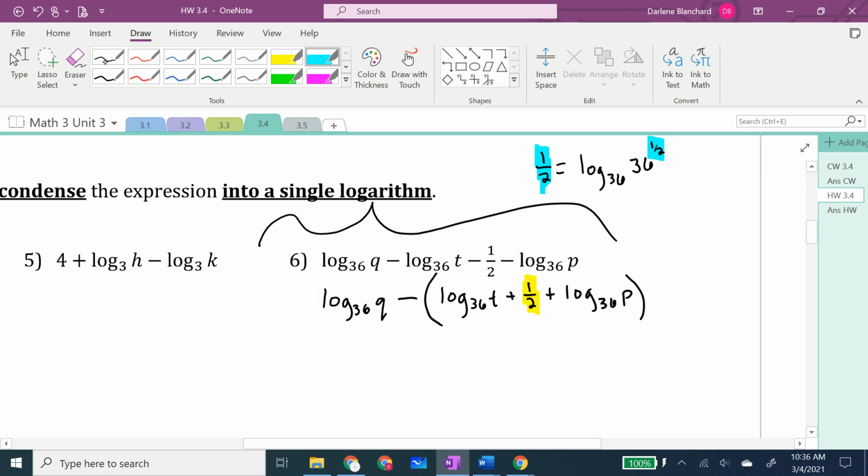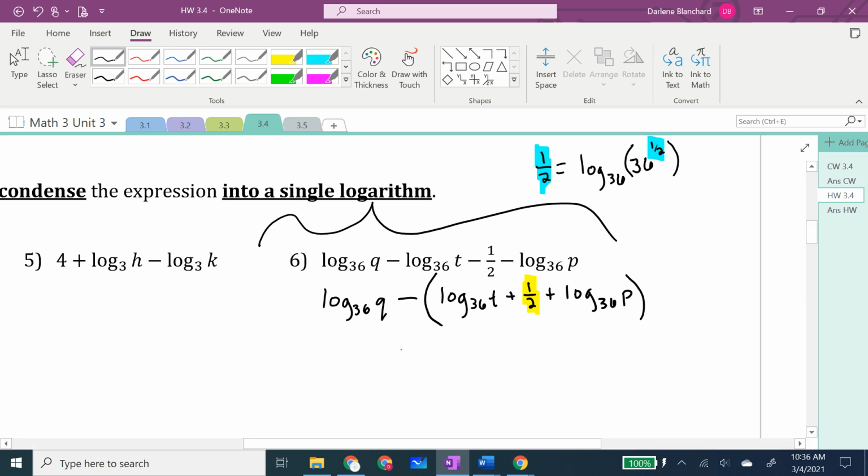Because then the 1/2 is going into an exponentiation of a 36, but then the reverse process of log base 36 takes place immediately after, and so they actually undo each other to be just the exponent.